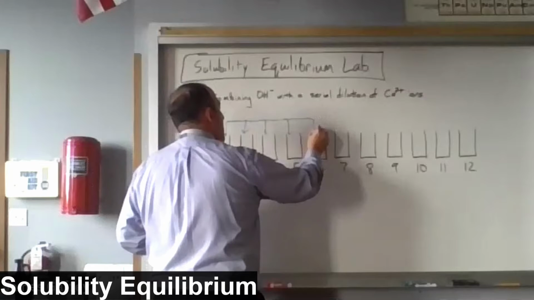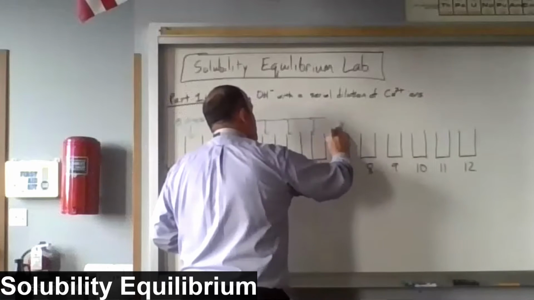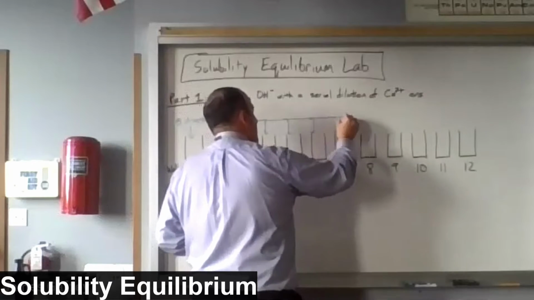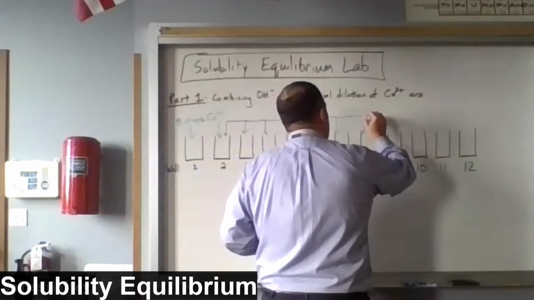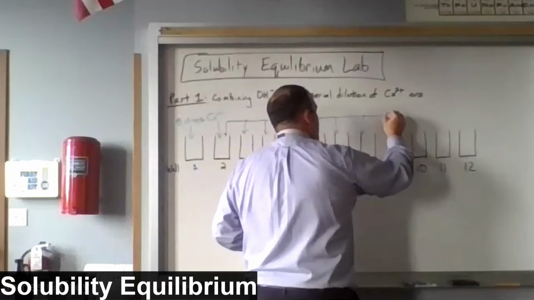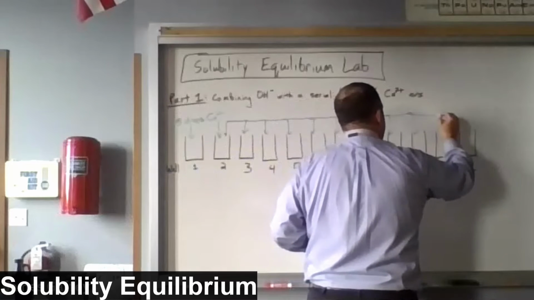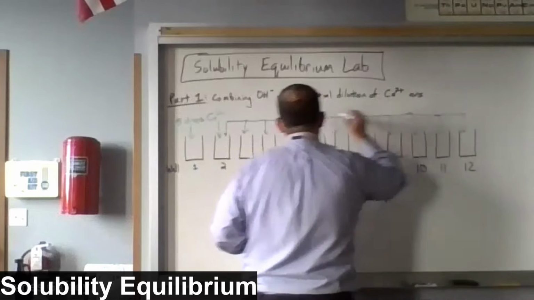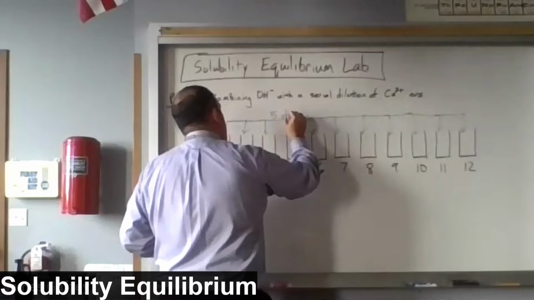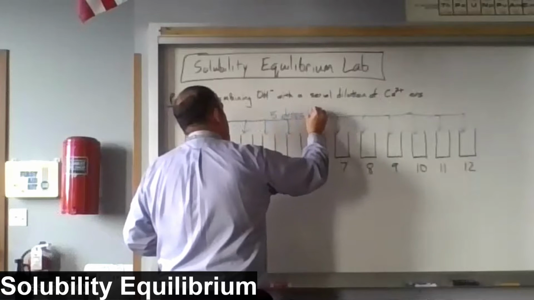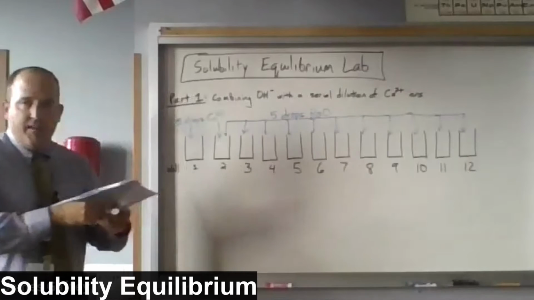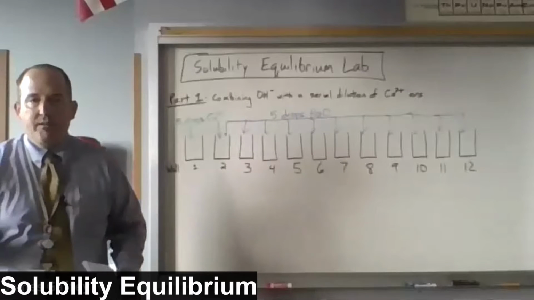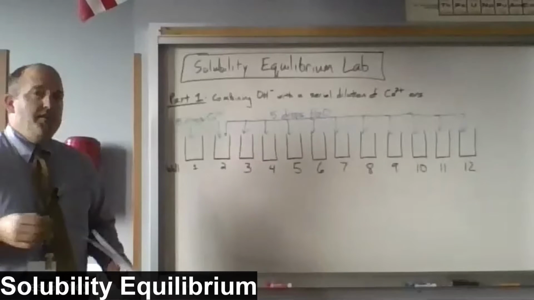So all 11 of those wells are going to receive 5 drops of water. Now, the wells have a total volume of about 10 milliliters or 10 drops or so until they fill up.